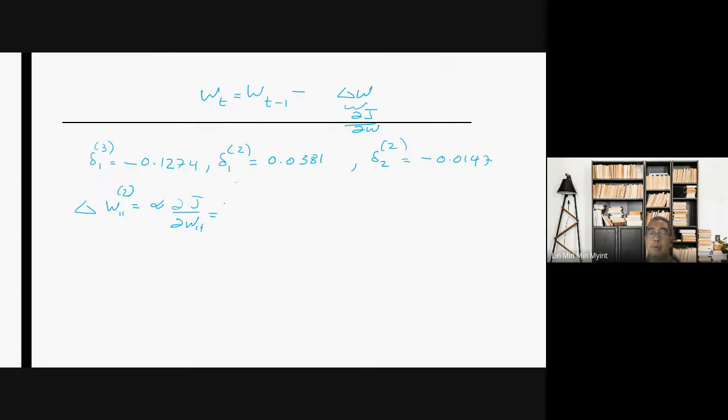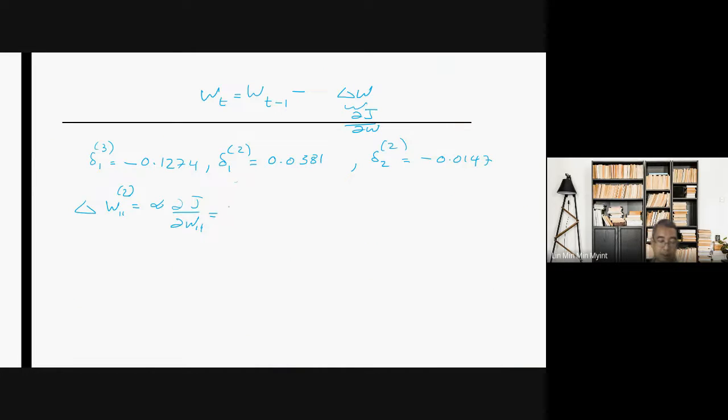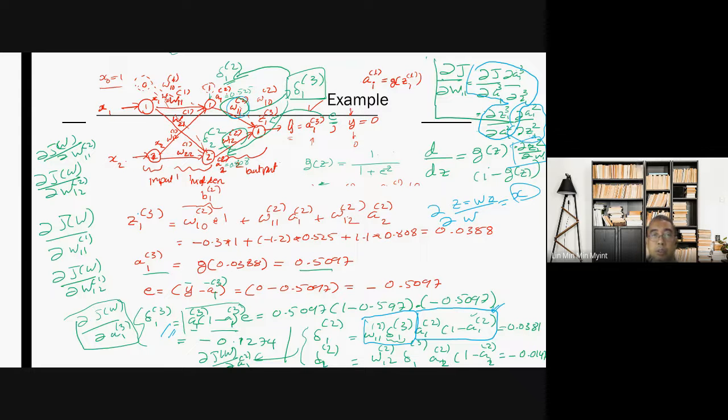As I wrote down in here, we have calculated everything except the last ones. This means alpha multiplied with sigma 13, multiplied with, oh sorry, this is a 22, I made a mistake, 22 is here.